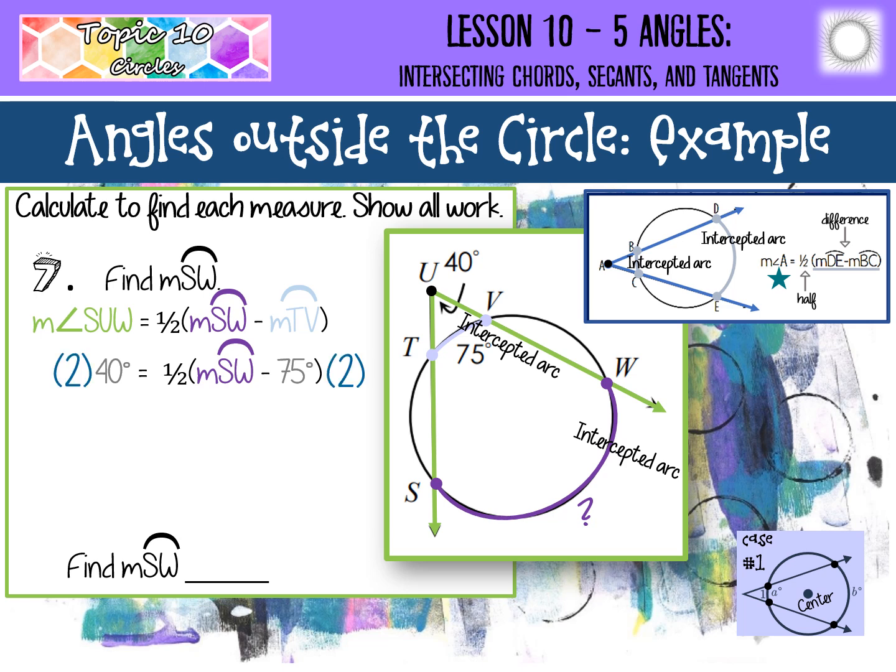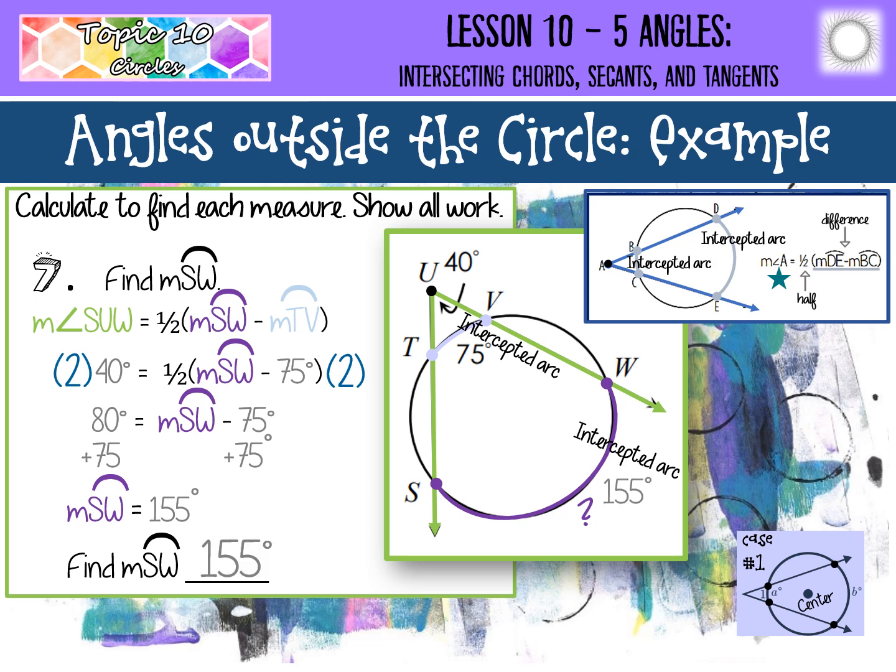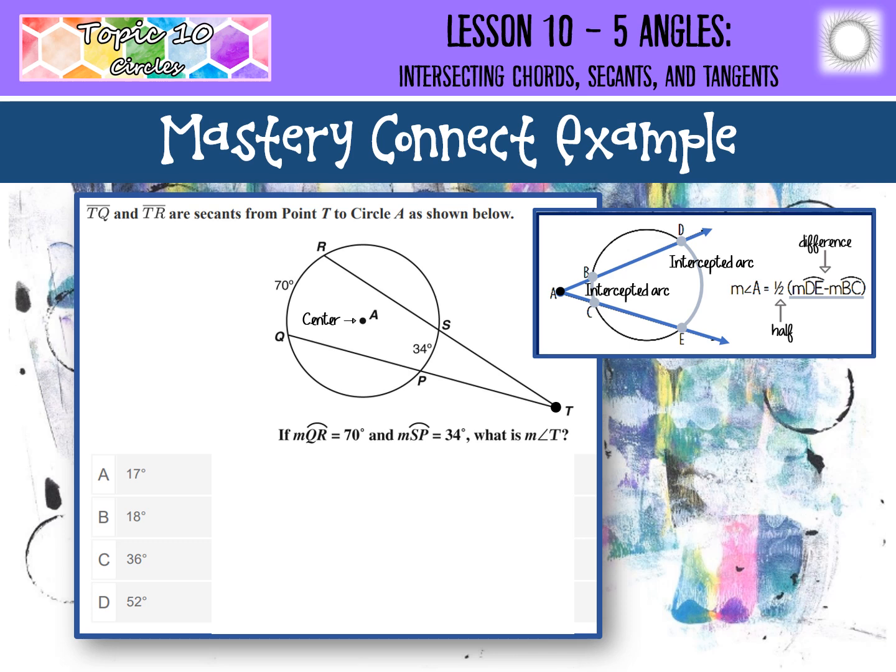To get rid of the 1/2, we multiply both sides by 2 because half of 2 is 1, and the right-hand side is no longer going to have that fraction there. And 2 times 40 is 80. So here we go. 80 degrees equals the measure of arc SW minus 75. Add 75 to both sides. Measure of arc SW is 155 degrees. Final answer, number 7. Here we go.